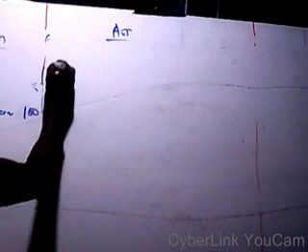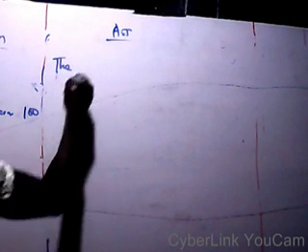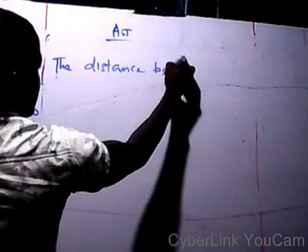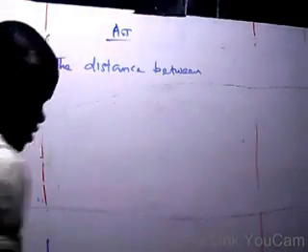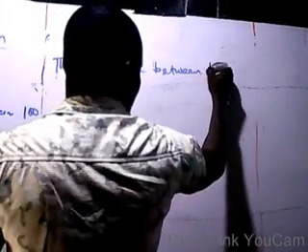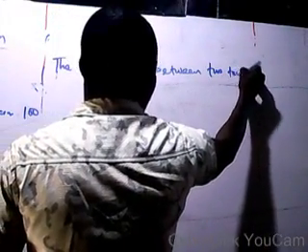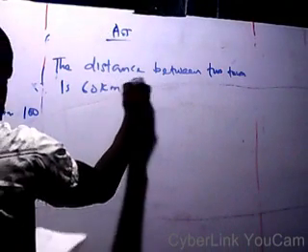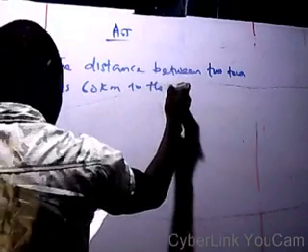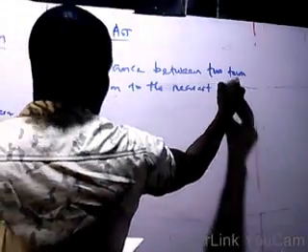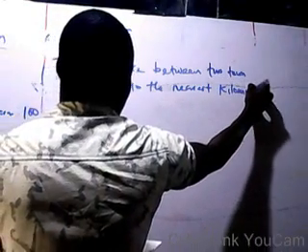The distance between two towns is 60 kilometers to the nearest kilometer.